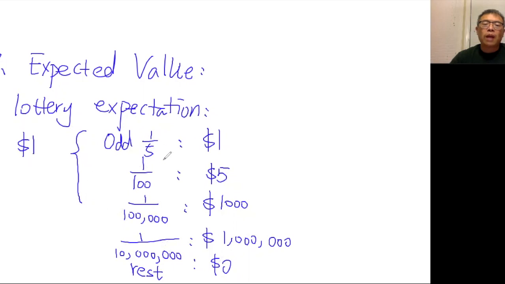You can simply calculate this by multiplying the return you get in each case times the probability of each case.